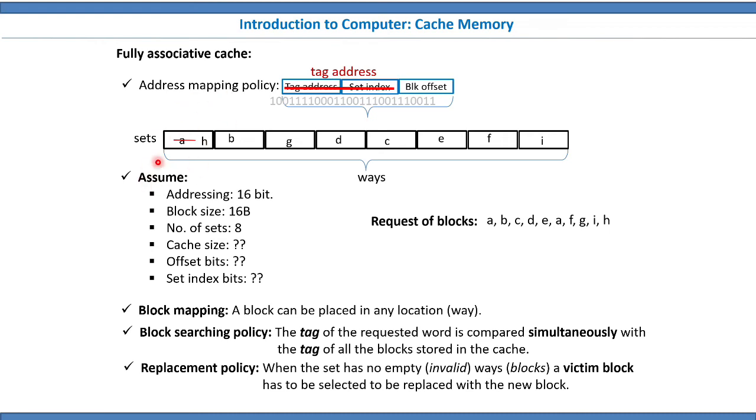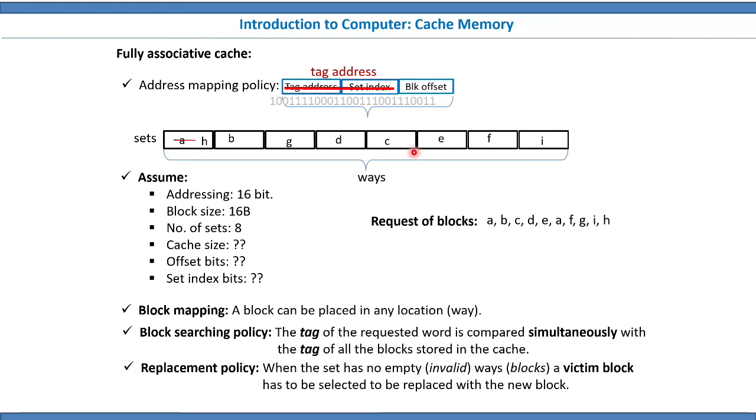One point that I missed in the previous slide also is searching. How exactly does searching happen in a direct map cache as well as in a fully associative cache? Searching means that when a core requests a particular block, that block is first checked in the cache memory, right?